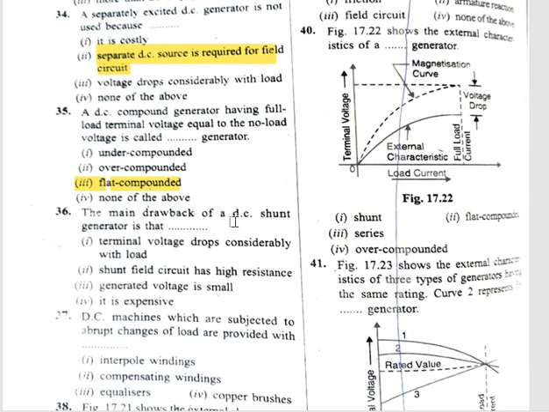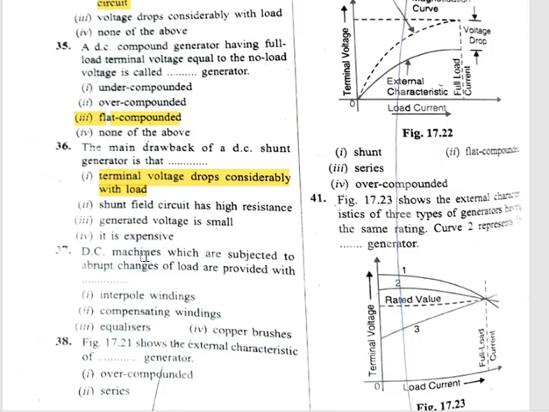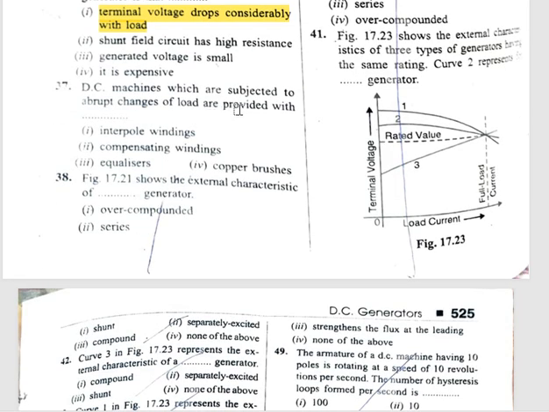The main drawback of DC shunt generator is that terminal voltage drops considerably with load. DC machines which are subjected to abrupt changing of load are provided with interpole winding.